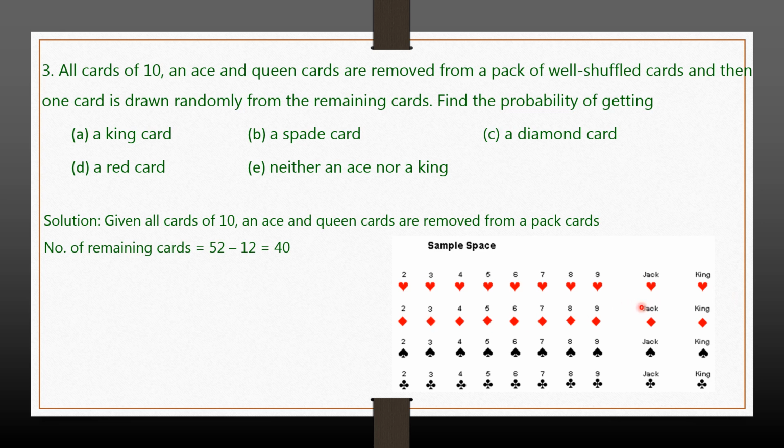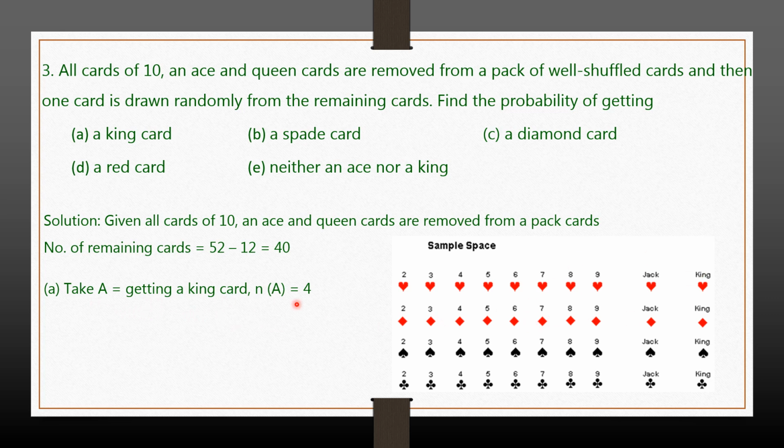Among those 52 cards, I removed all the 4 tens, 4 aces and 4 queens. These are the remaining 40 cards. Now I'll go for finding the probabilities of given events. Take A is equal to getting a king card. You have to get a king from the remaining cards only.